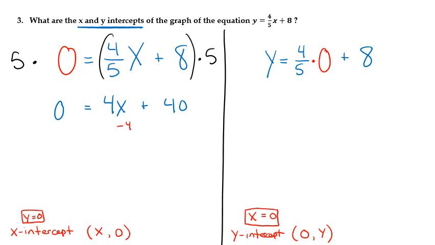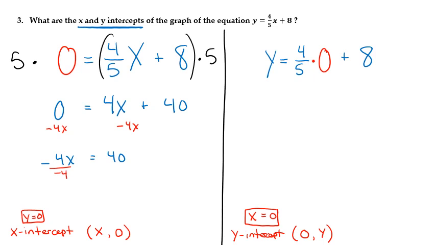We can subtract 4x from both sides. We want to get x on one side and numbers on the other. So that'll give us negative 4x is equal to 40. Now, if you take a slightly different path through this problem, that's perfectly all right. This is one way to get through this problem. There are a few different ways we could solve this, but we're all going to get the same answer if we don't make any mistakes. Right? So then we want x by itself.